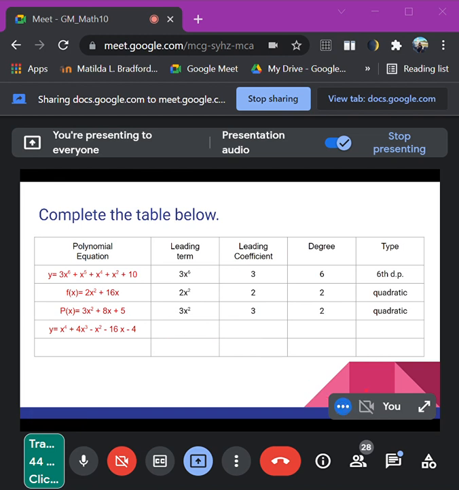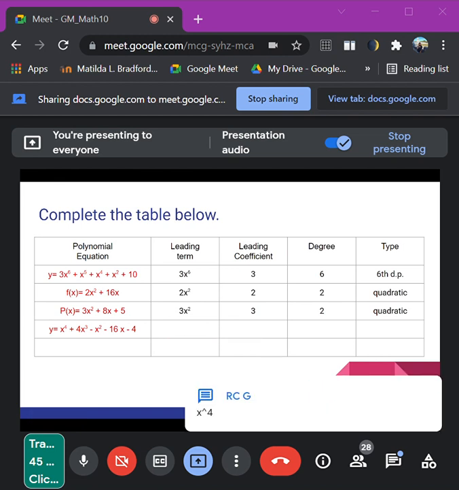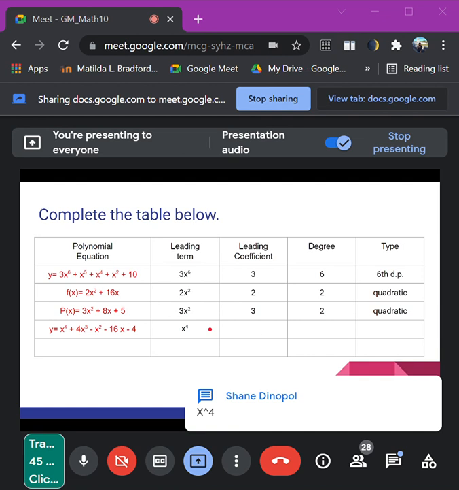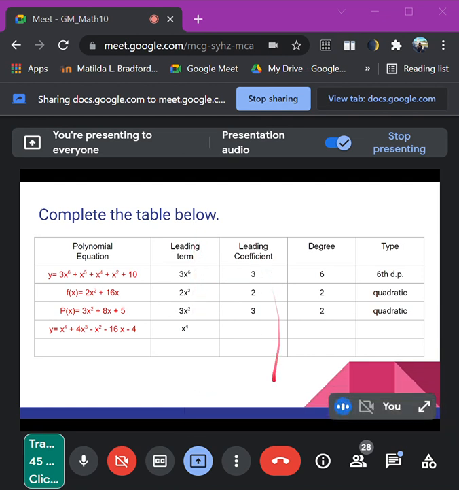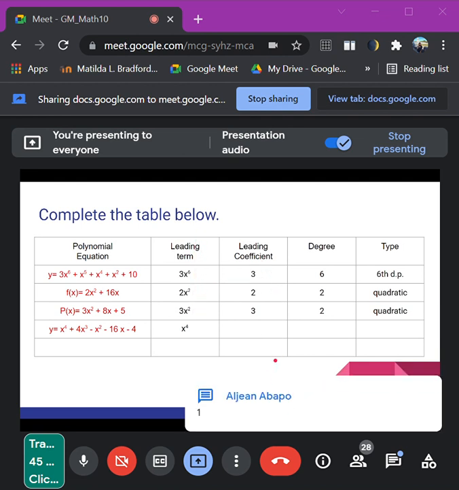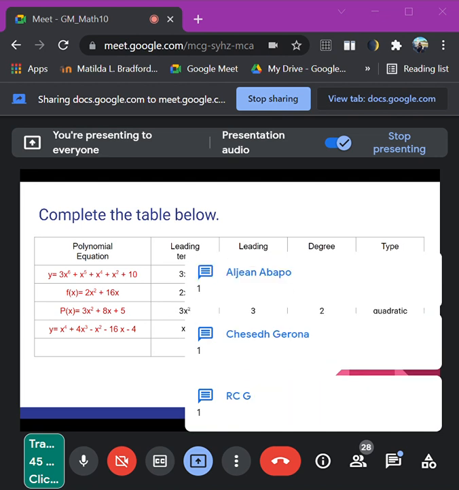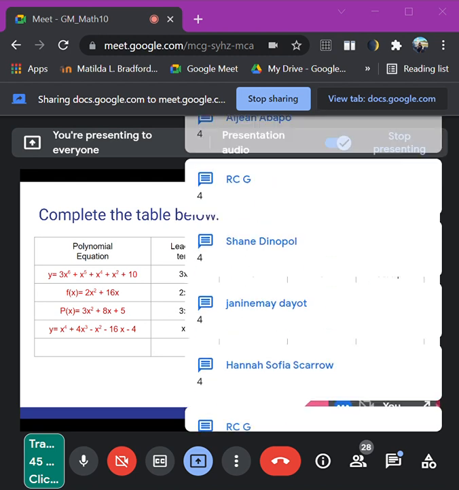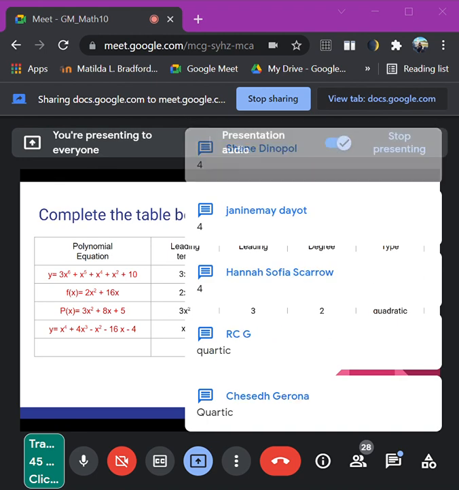What is our leading term? x raised to the power of 4. And then leading coefficient, that is 1. Very good. And then degree is 4. And then our type, that is quartic. Very good.